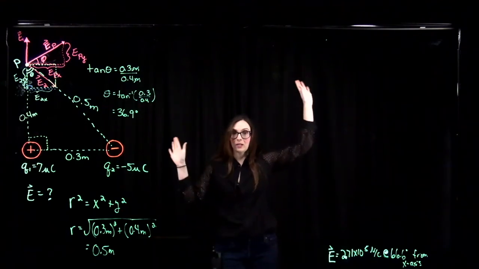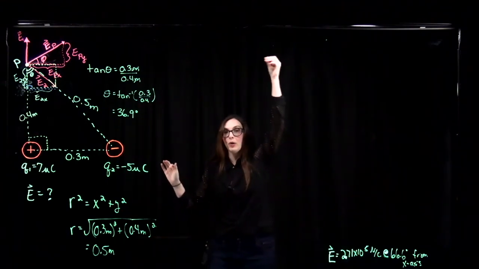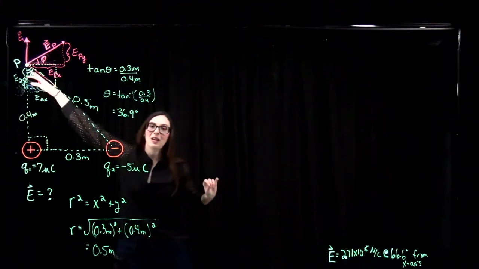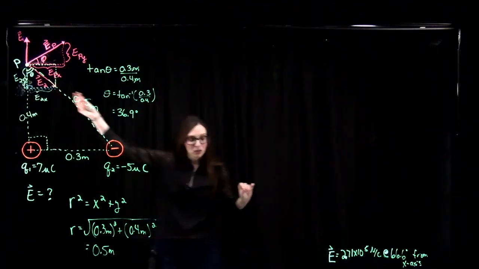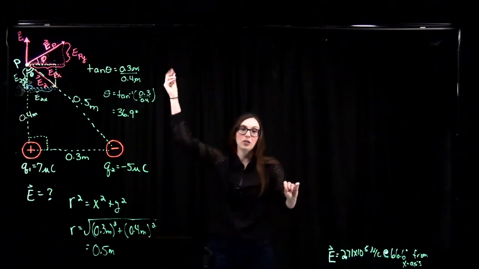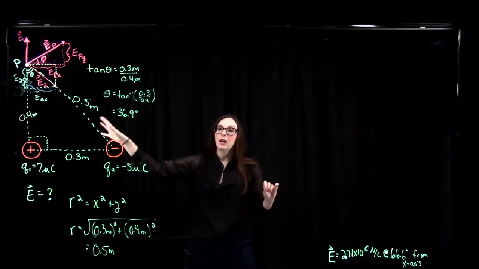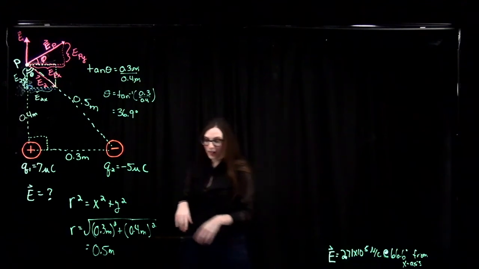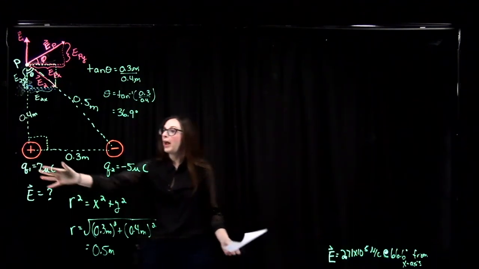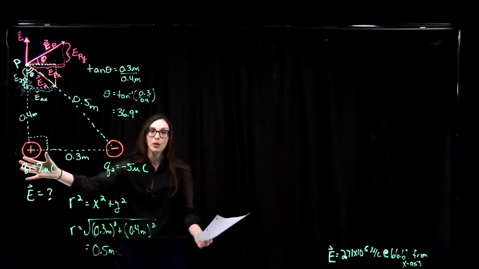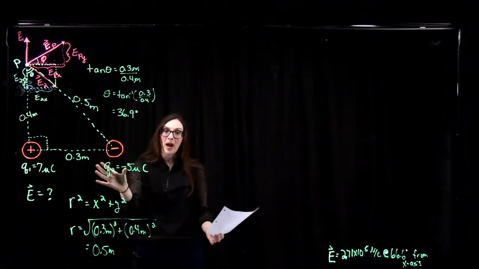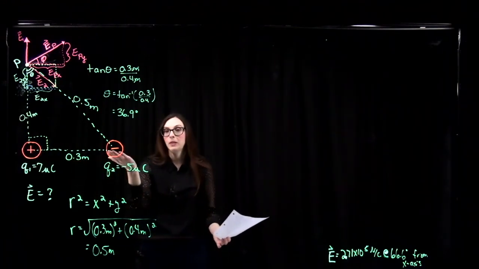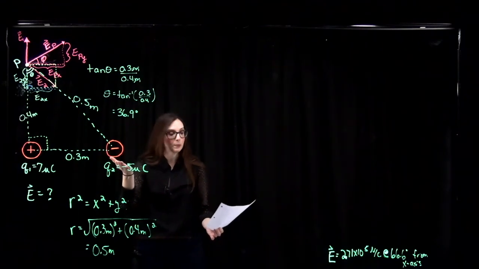So imagine we had some little test charge and we're trying to bring it in from way at the edge of our solar system to this point P right here. The work required for us to bring that charge in is the electric potential. Now, in this problem, we had a 7 microcoulomb charge at the origin and a -5 microcoulomb charge located a distance 0.3 meters away along the x-axis.